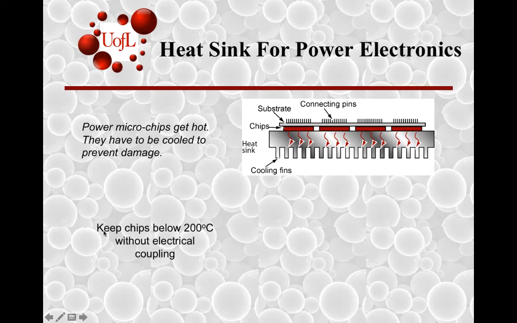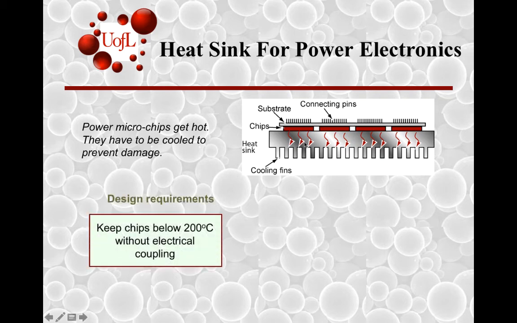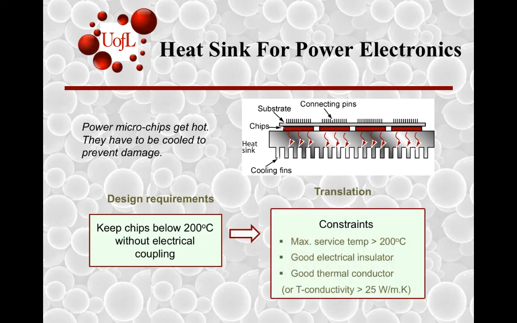In terms of a design constraint, let's say, typically these things become hot enough to reach a temperature of around 200 degrees centigrade or more, and so we need to keep it below that so that degradation doesn't happen. And they need to be electrical insulators as well. Okay, so these are the design constraints.